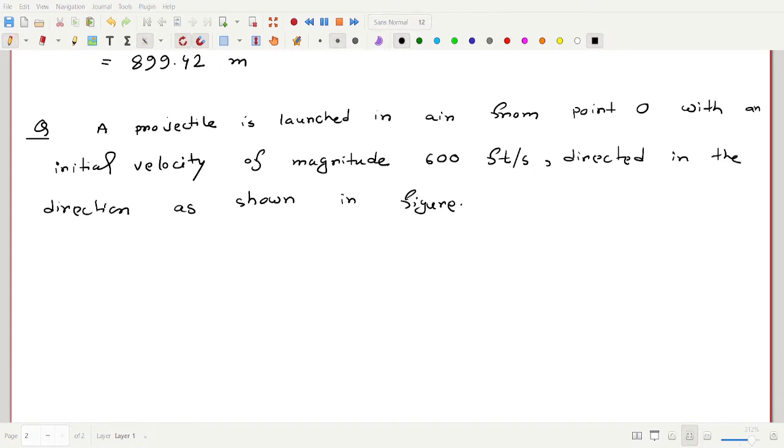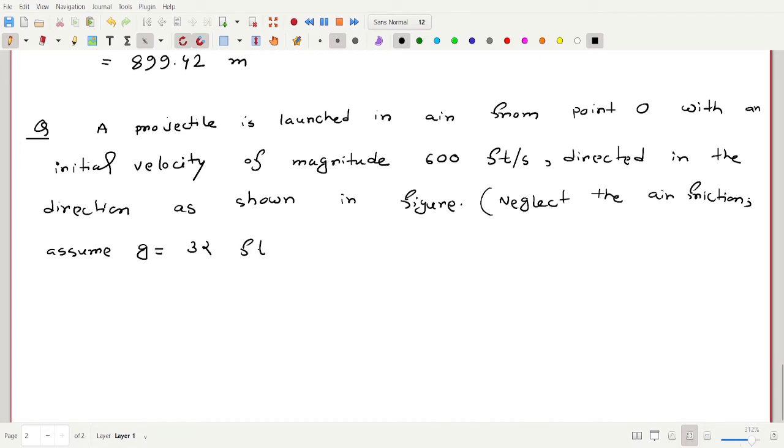Neglect the air friction and assume g equals 32 feet per second square.